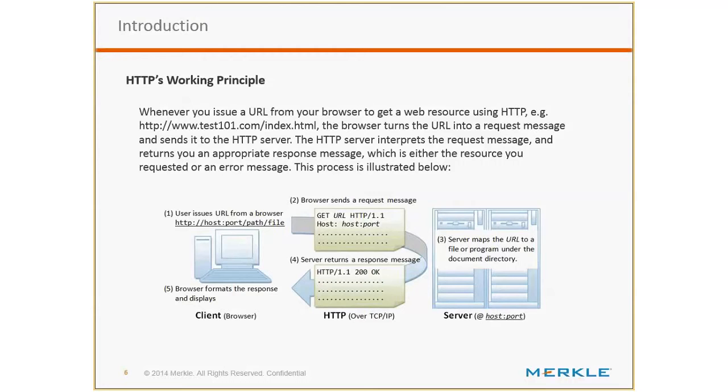It will take on the default number 80. 80 is the default port number for HTTP, and the path and file name for the resource to be located is index.html. It's the file location under the document directory.